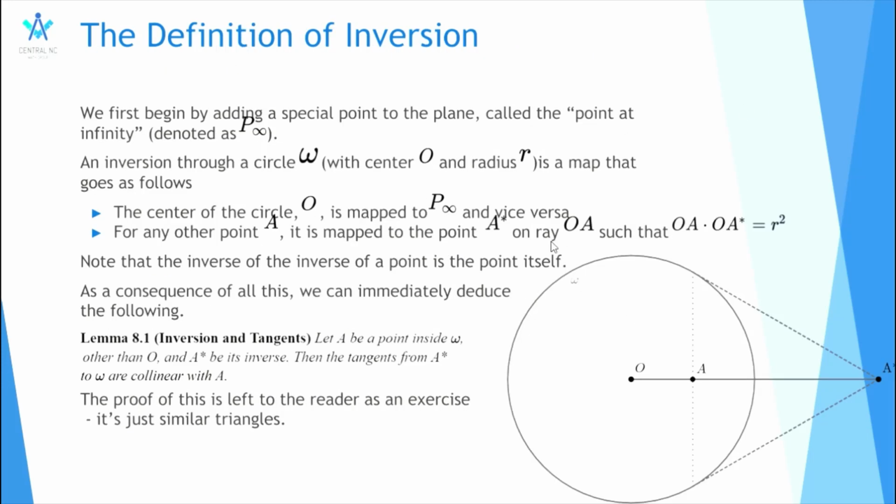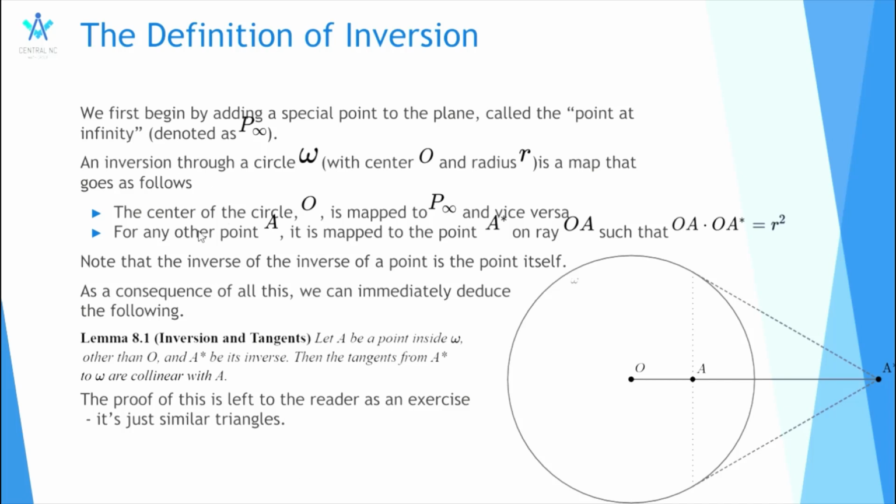Sorry about this jumbling. We're going to start with the definition of inversion. We first begin by adding a special point to the plane called the point at infinity. Now an inversion through a circle omega with center O and radius R is a map that goes as follows.